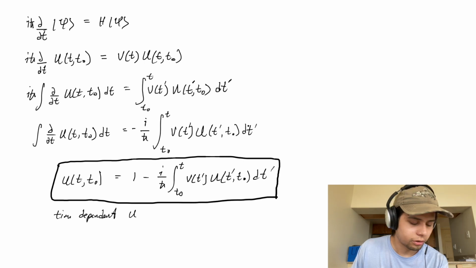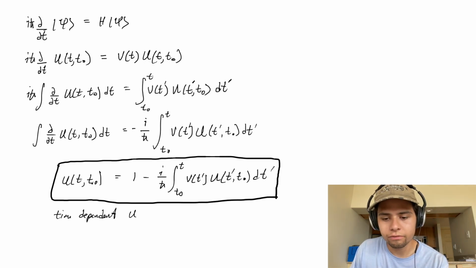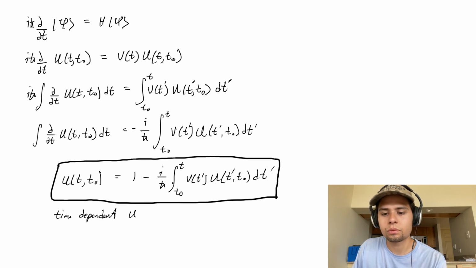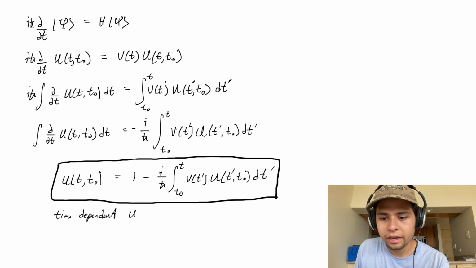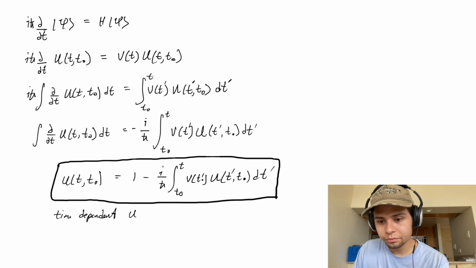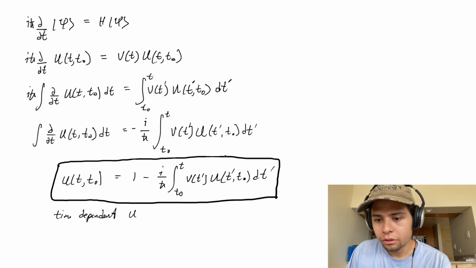What I want to offer up is a view on which we can read this equation. What this is telling us is we're performing an integral over this here, where we have some time-evolved object, and it's being multiplied by the time-dependent part of the Hamiltonian. And we're doing this in little integrals of t.